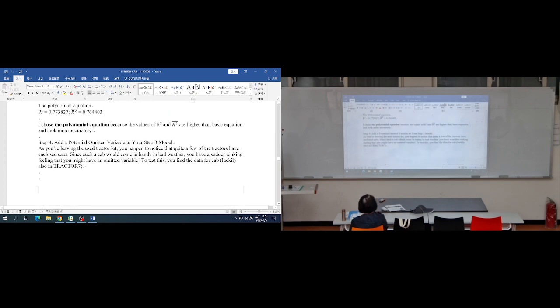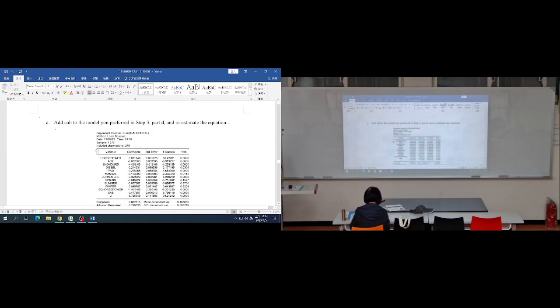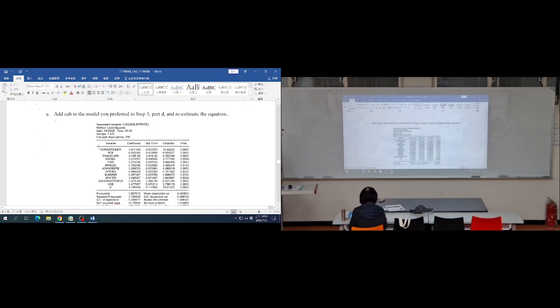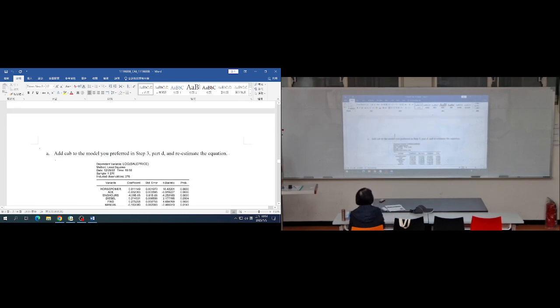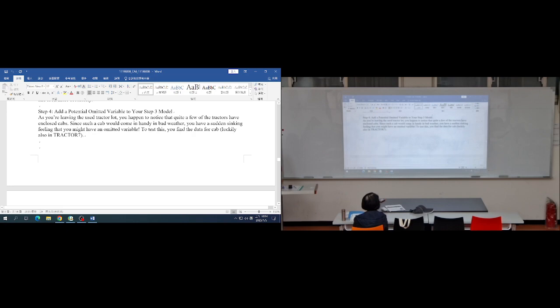All right. Step 4. From step 4, we need to add the cap to see this one.